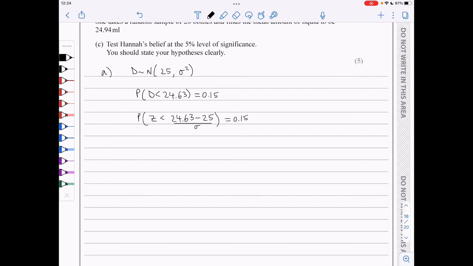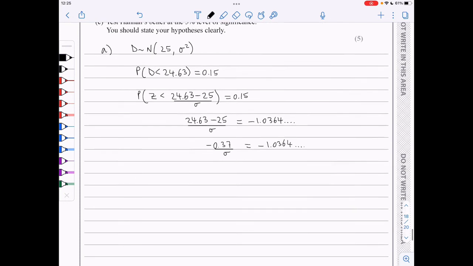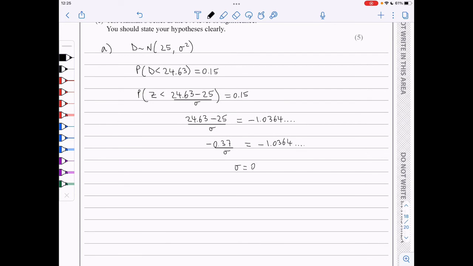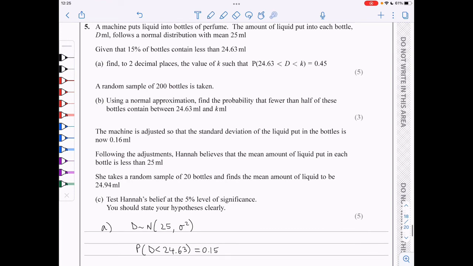I use my calculator to obtain that 24.63 minus 25 over sigma is equal to minus 1.0364... Now this means that minus 0.37 over sigma is equal to this, and I can solve for sigma, and I find that sigma is 0.35699... Sigma was not my final answer here because I need to find the value of K satisfying all of these.